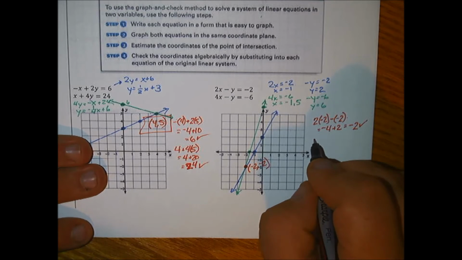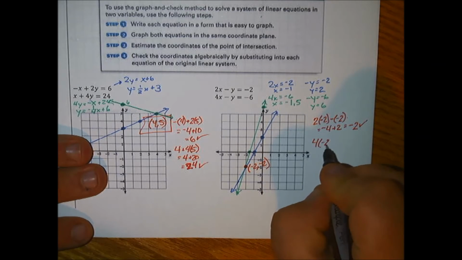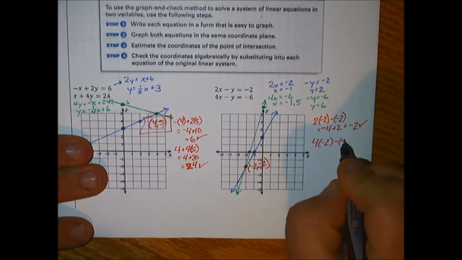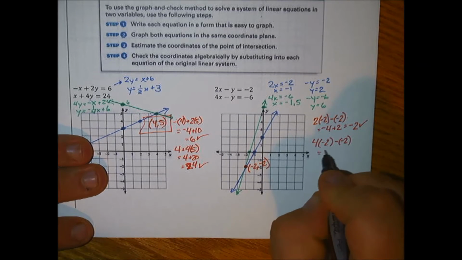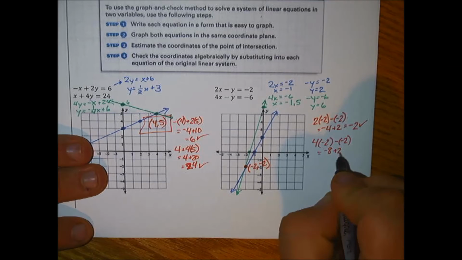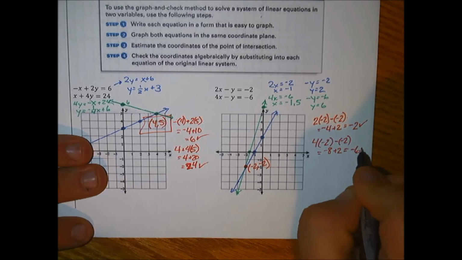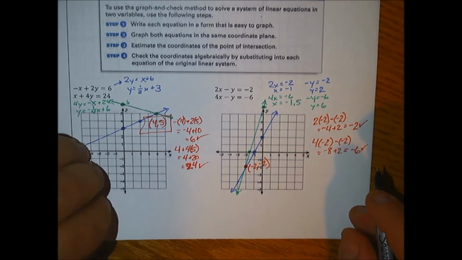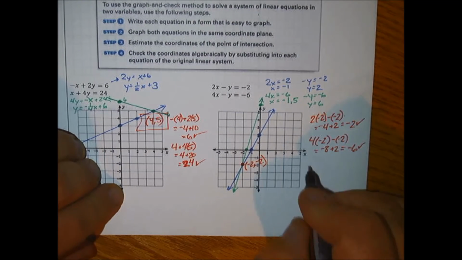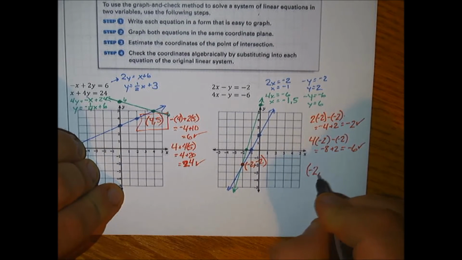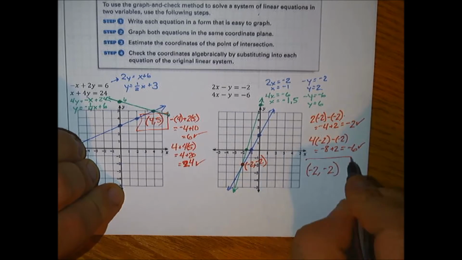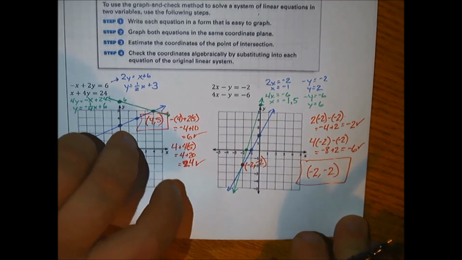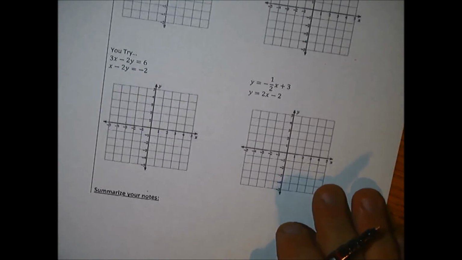Let's do that for the next one. 4 times negative 2 minus a negative 2 equals negative 8 plus 2, which is negative 6, and that's what I needed there. So they worked out, everything's good in the end. My answer is (-2, -2). You should always write your answer in the form of a point. Turn the page.